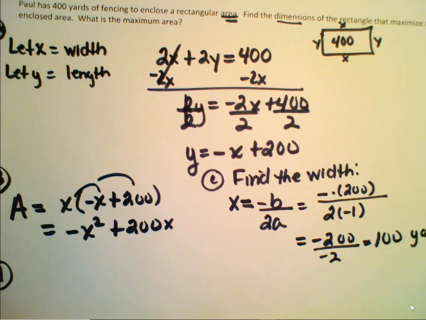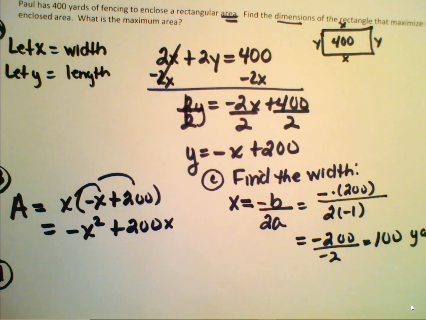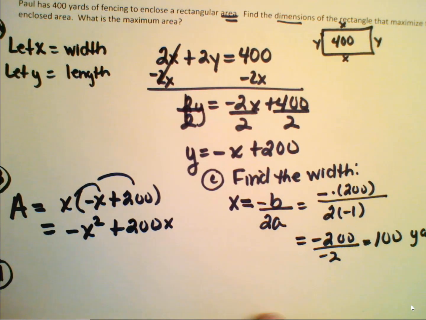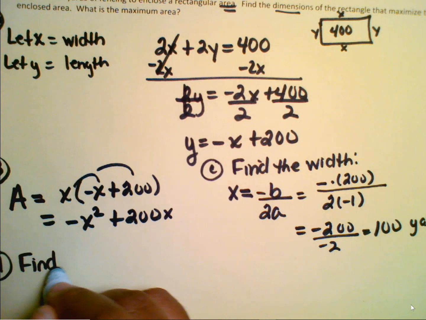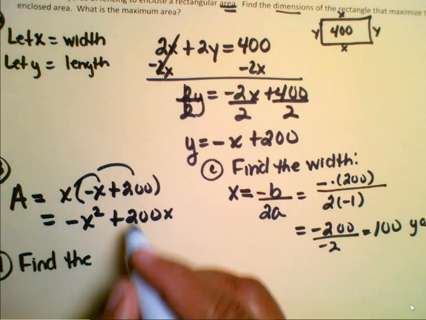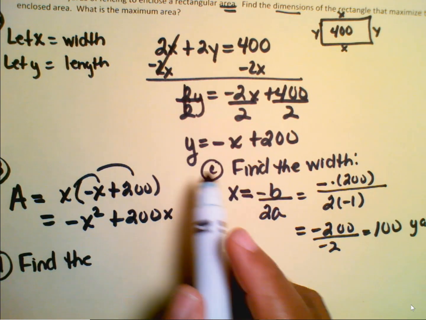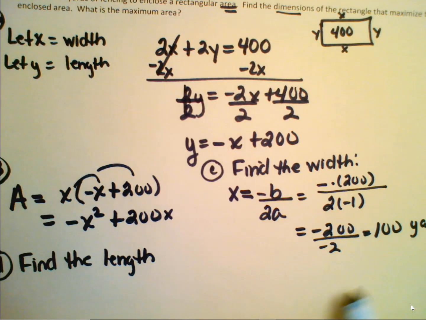D, to find the length. See, we took this equation that we have, what do we call the length? Negative x plus 200. Okay, y is equal to that. In part A, we solved for y. Solving for y is the same thing as solving for the length. So we know what x is now.